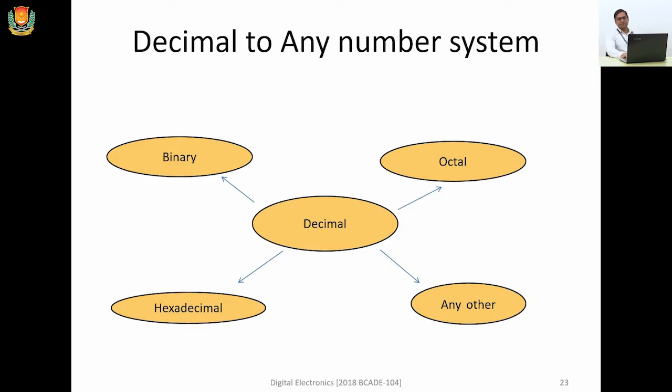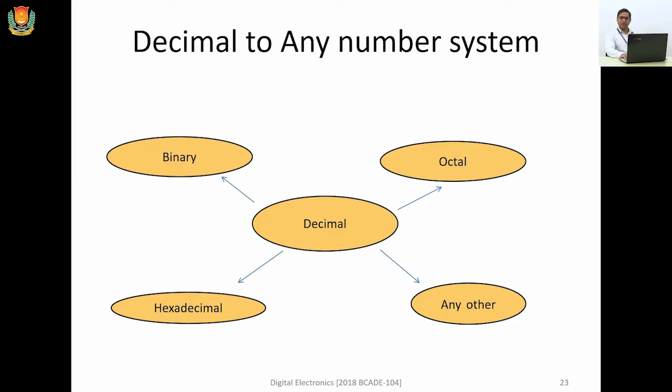The first conversion was any number system to decimal number system. We have taken 3 examples: binary to decimal, octal to decimal, and hexadecimal to decimal number system conversion.